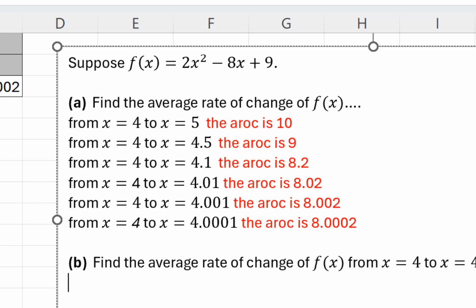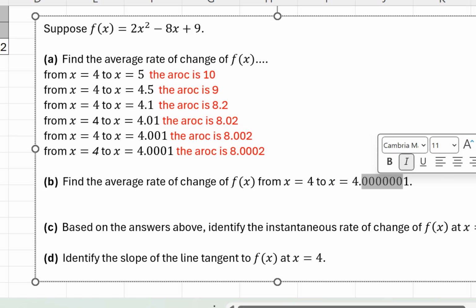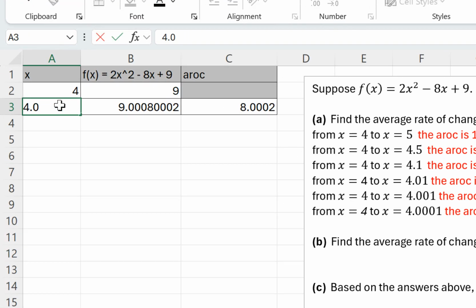It asks us to just do one last calculation to find the average rate of change from x is 4 to x is 4.000001. So I'll change this over here, 4.000001. First of all, notice when I type that in, Excel automatically changed that value here to display 4.